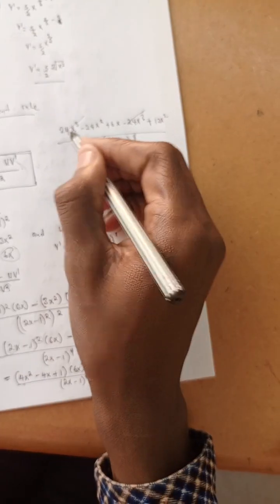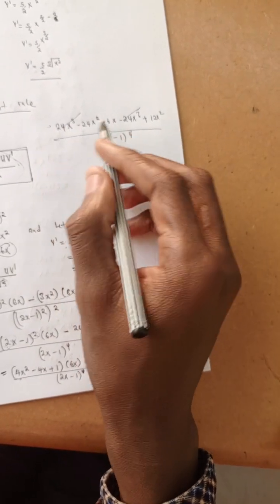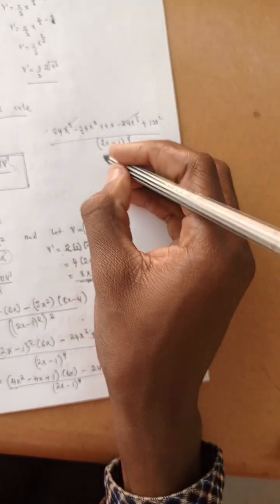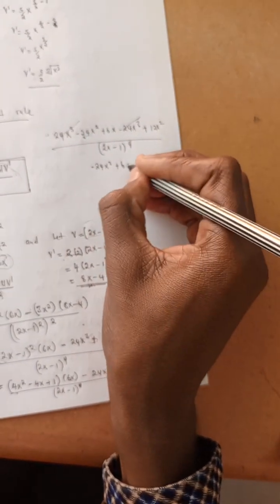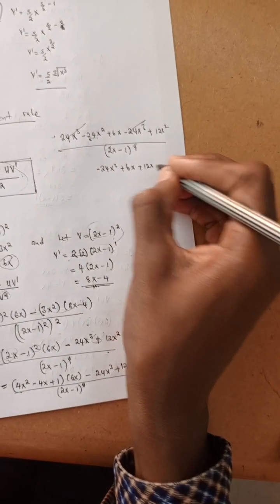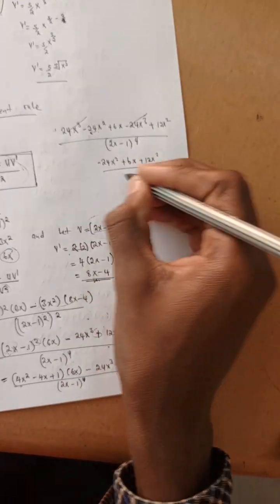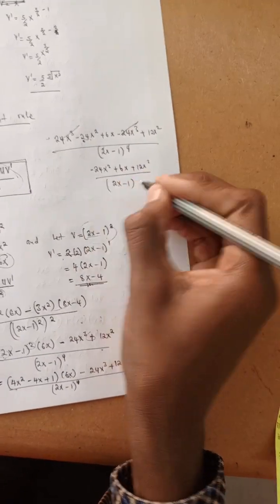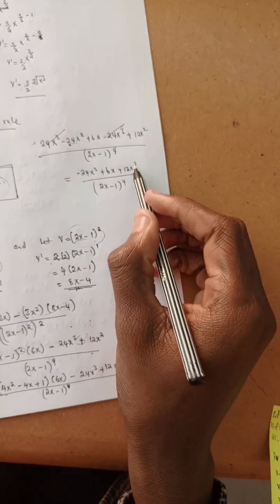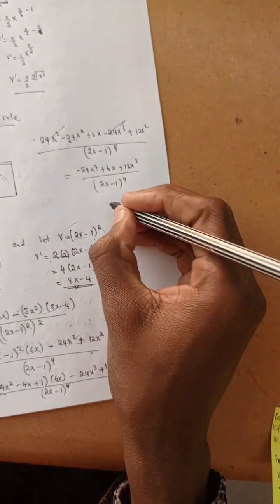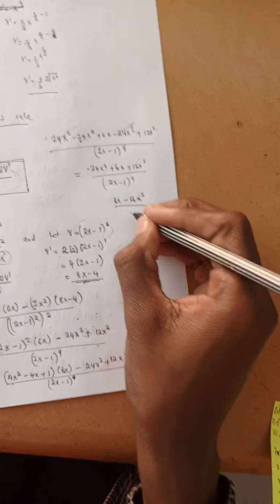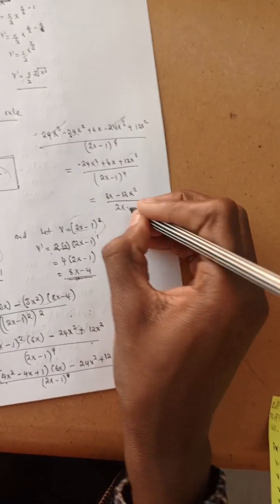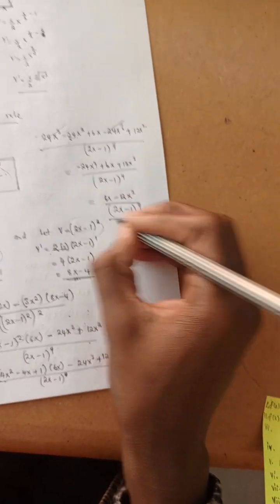So these will cancel, negative and positive. And then we'll remain with negative 24 plus 6x. Oh, just notice something. These are like terms, so we'll have 6x minus 12. So this is our final answer. This is our dy dx.